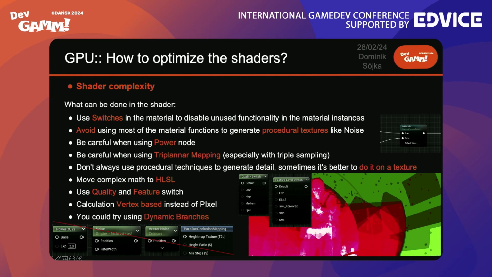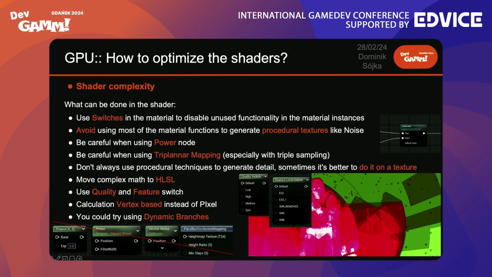Another important thing that you can do for the base pass is to look at shader complexity. Basically, all the calculations that you have in the shader could impact the base pass. So it's very important to use switches to disable all the unused functionality in your project, and avoid using most of the material functions like procedural noises.